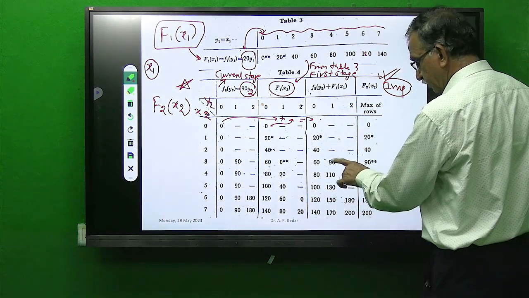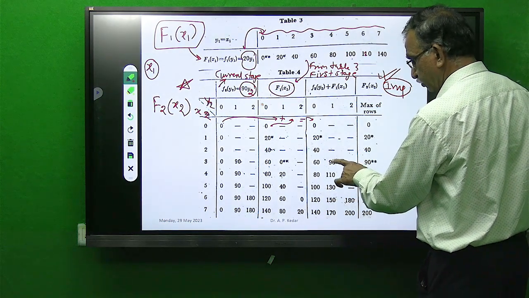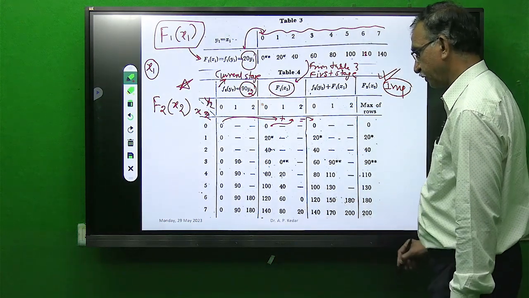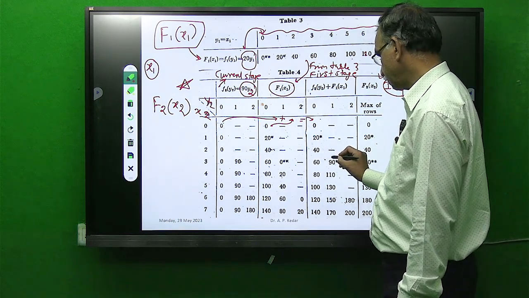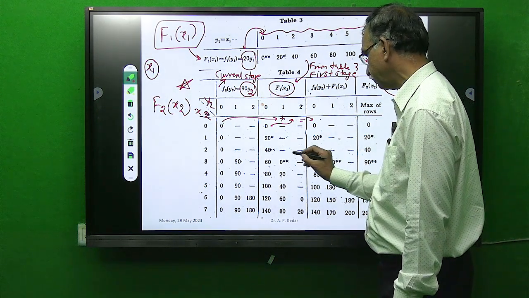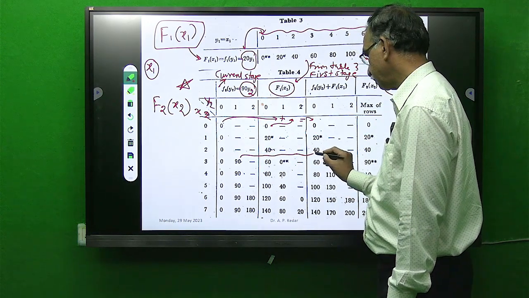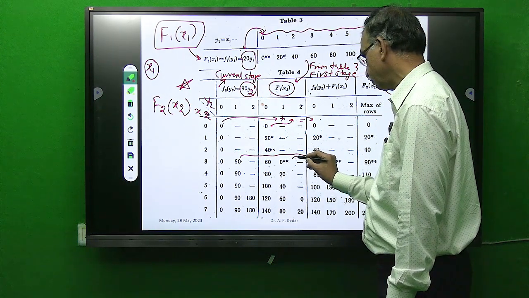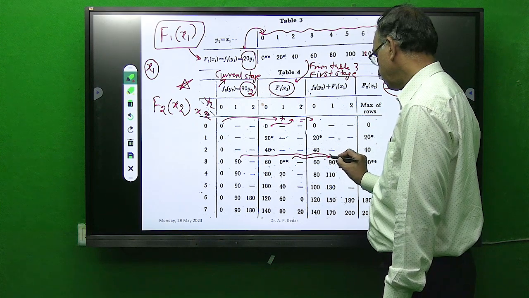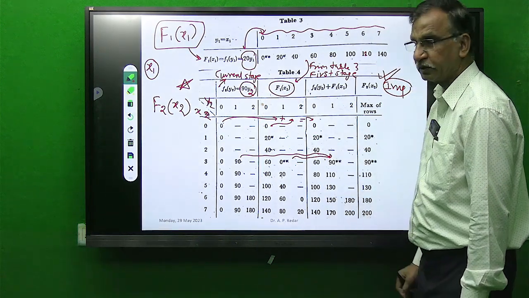Likewise, here we get 90. So 90 is the result of what? This particular value is the result of this 90 and this 0. Addition gives you this 90.